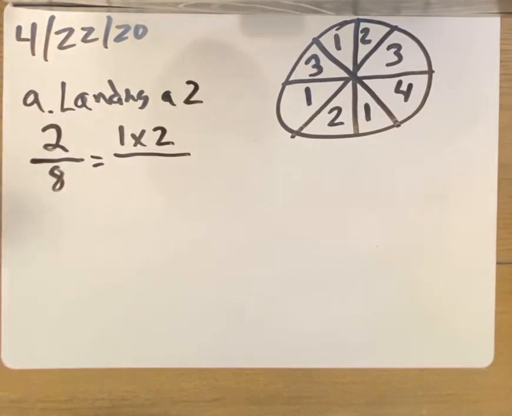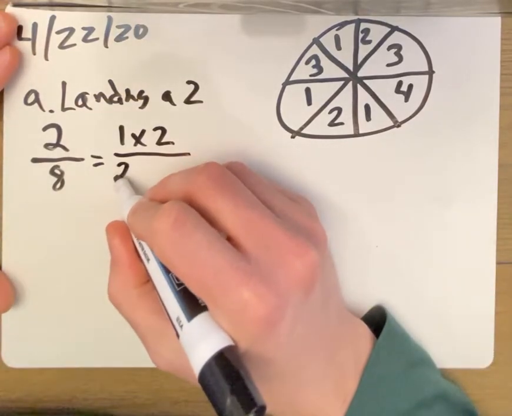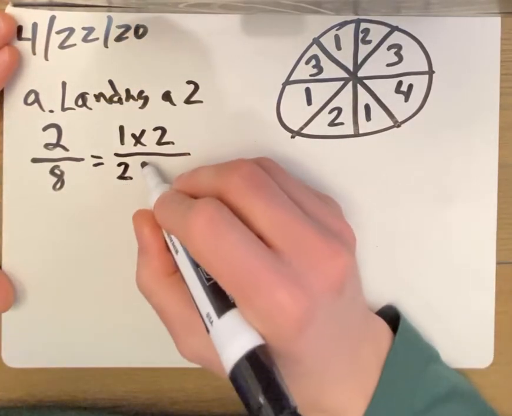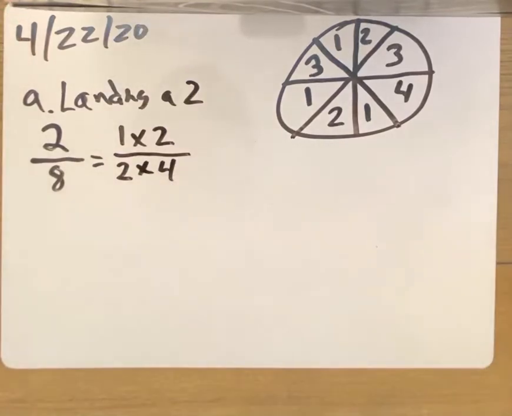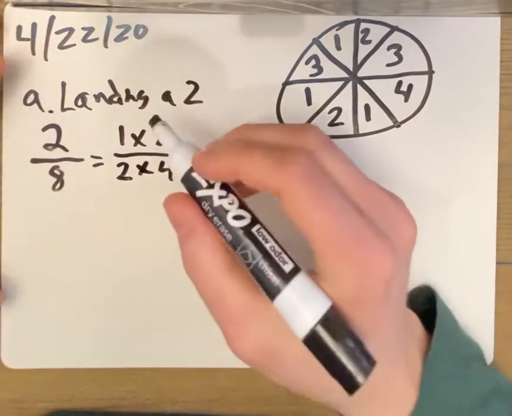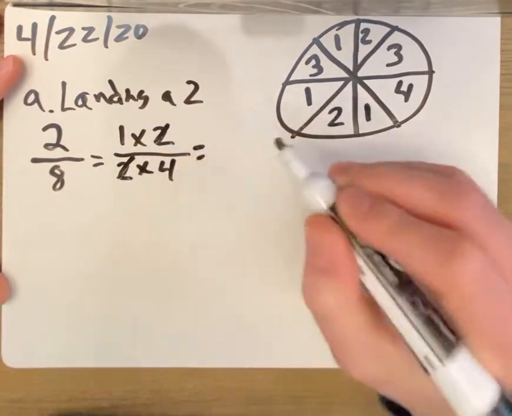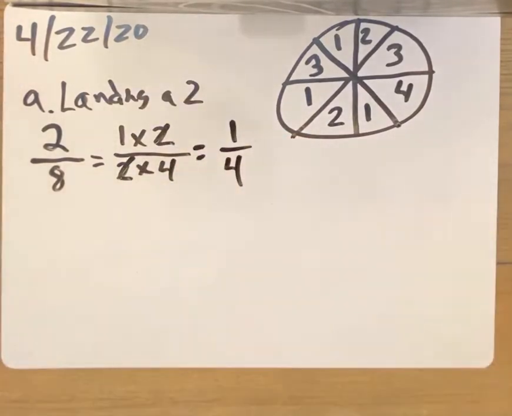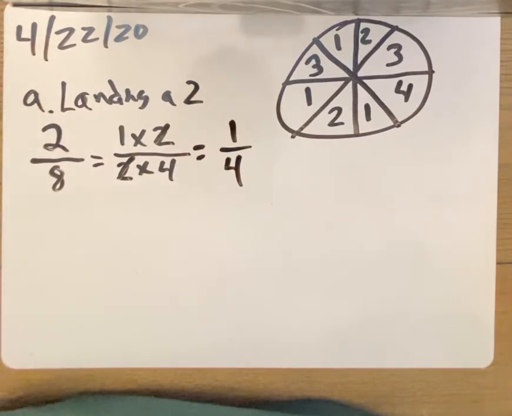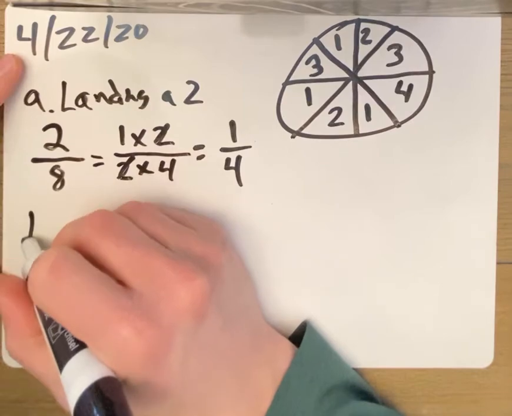So I'm going to pick 2, 2 times 4. I look at this and cross out the same, and what do I have left? 1/4. So my probability of landing on a 2 is 1/4. Next.